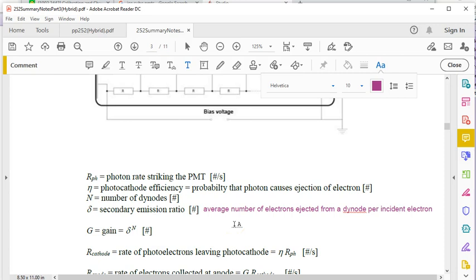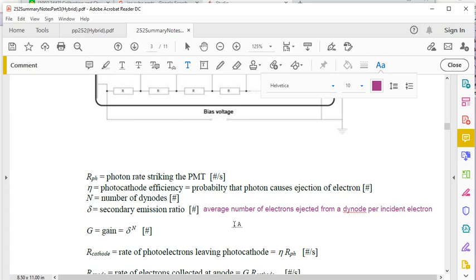Suppose, let's just pick a low number of dinodes. Let's go with 3, so we can actually trace the electrons through the 3 dinodes. And let's say that the secondary emission ratio is 2, so it's easy to count. So a photoelectron hits the first dinode, we're going to have 2 coming from that one.